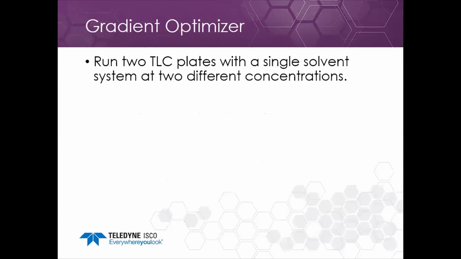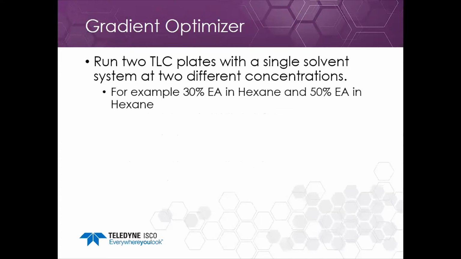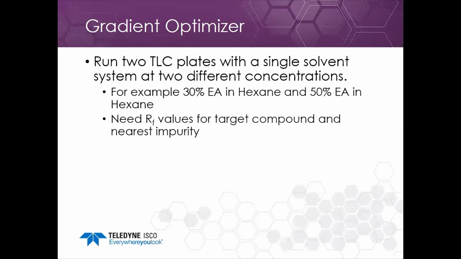One option the automated software, or PeakTrack software, on the NextGen offers you is a gradient optimizer feature. Essentially, you can run 2 TLC plates with a single solvent system at 2 different concentrations. For example, I would maybe choose 30% ethyl acetate in hexane and 50% ethyl acetate in hexane. Then I need the RF value for the target compound and the nearest impurity.